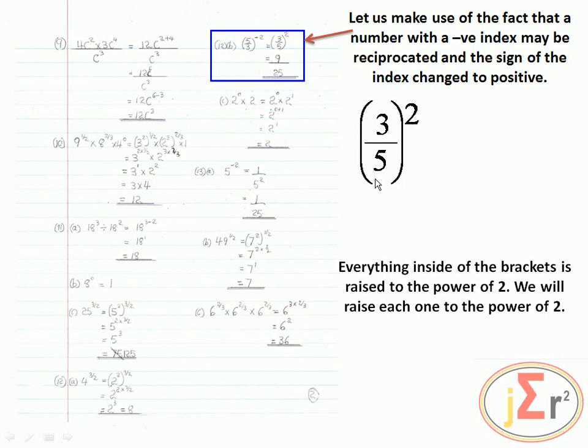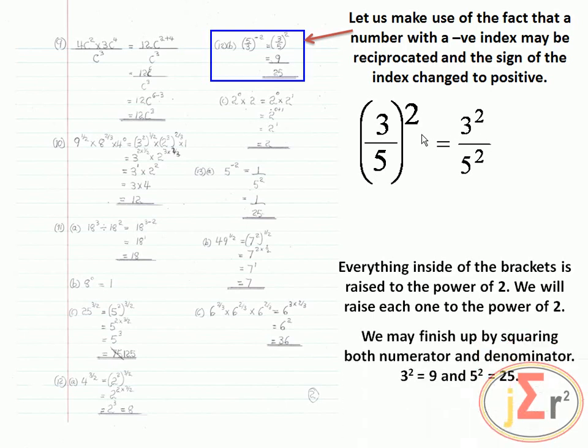We may raise a fraction to the power of 2 or any other power for that matter by raising the numerator to the power of 2 and also raising the denominator to the power of 2. 3 to the power of 2, 5 to the power of 2, and we may finish up by squaring both numerator and denominator. 3 squared is equal to 9 and 5 squared is equal to 25.